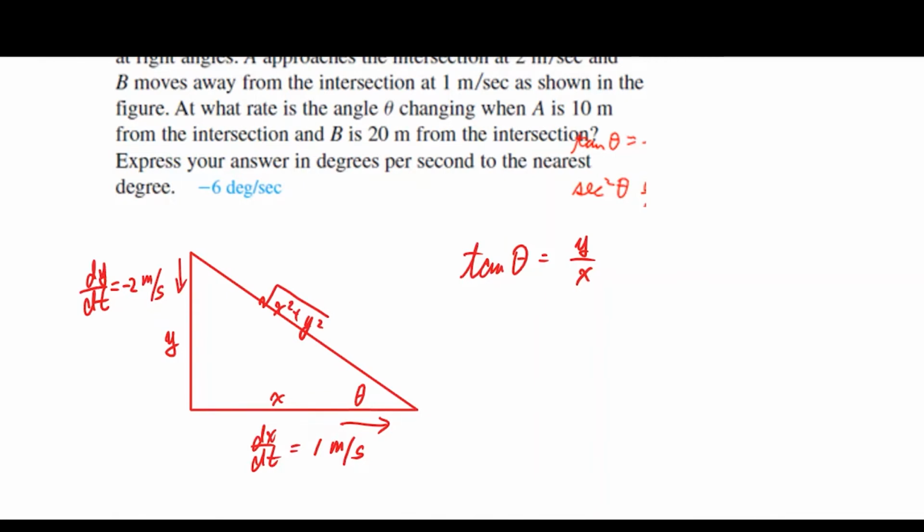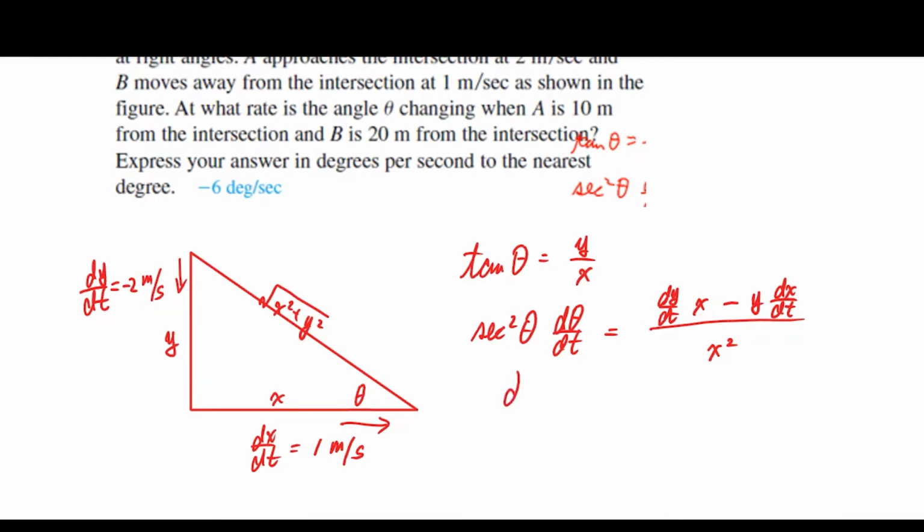You know what I'm saying? Okay, so differentiate, so we have secant squared theta d theta over dt is equal to, suck it up and do it, quotient rule. So we have dy over dt x minus y dx over dt, over x squared. You with me? I mean, it's terrible, but it's not that terrible.